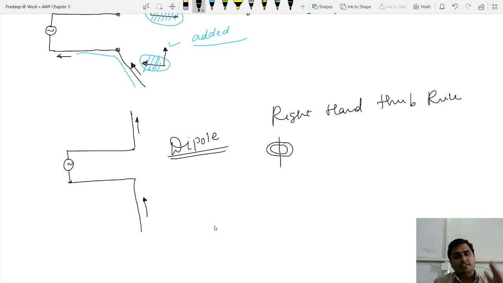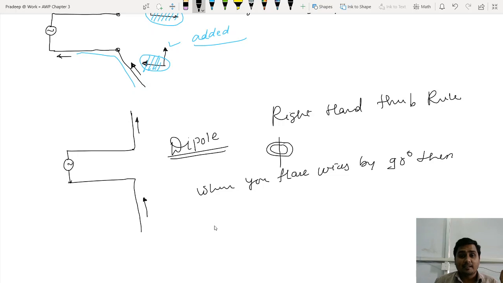Why? Because when you flare the transmission line at 90 degrees, it will radiate efficiently. Let me write: when you flare wires by 90 degrees, then it radiates efficiently.